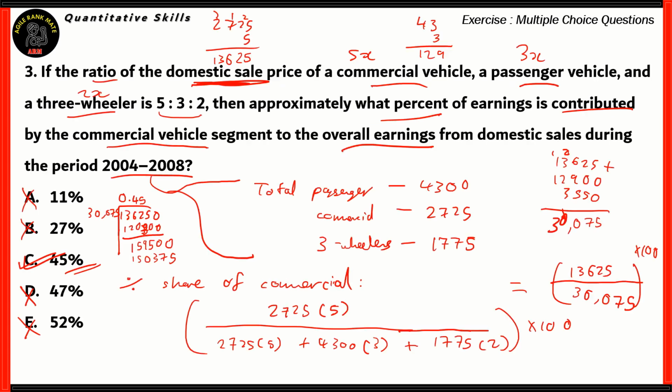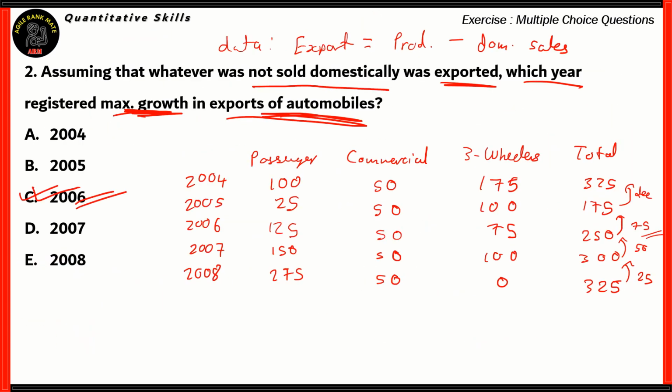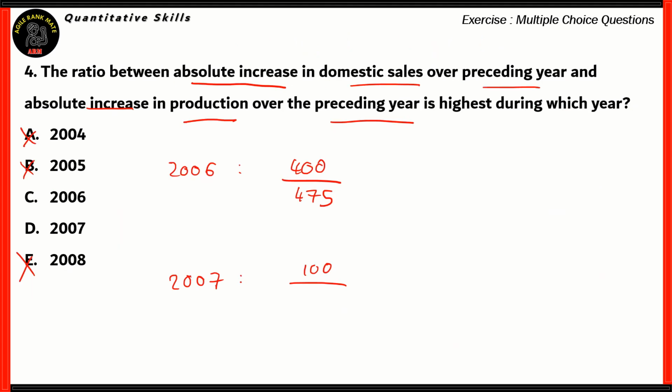And if you look at the production trends, 2007 had 2325 units, and 2006 had 2175 units. So you had 150 units which constitute the absolute increase. Now 100 over 150 is similar to 2 over 3, so therefore the ratio here is 0.67.